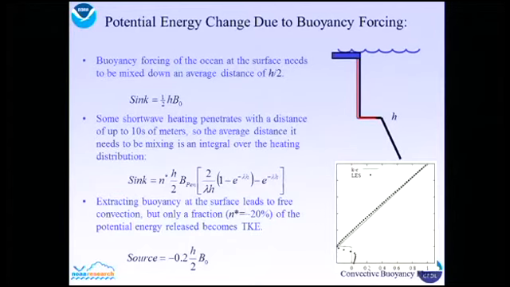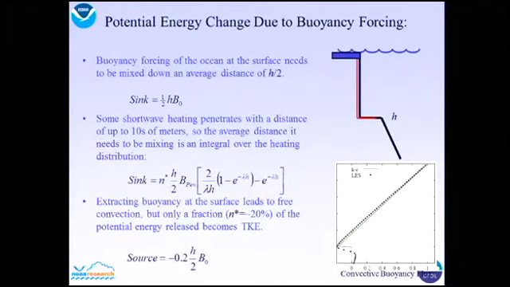Instead, the heating is occurring over an exponentially decaying profile. But again, you can use exactly the same considerations and just integrate over the depth of that profile to say how much energy is required to take an exponentially decaying profile and turn it into a vertically uniform profile. Okay? So, getting a little bit more complicated.